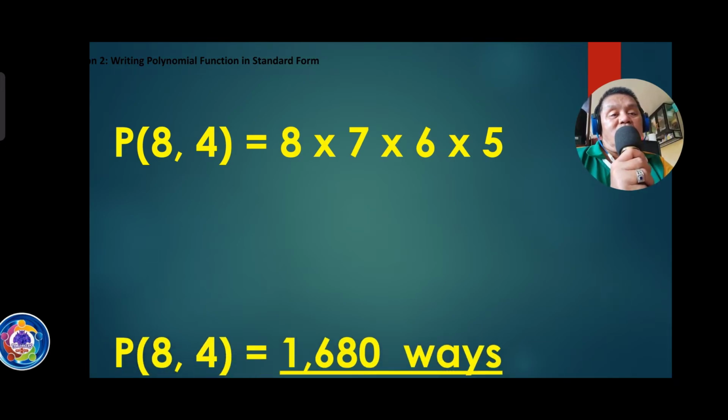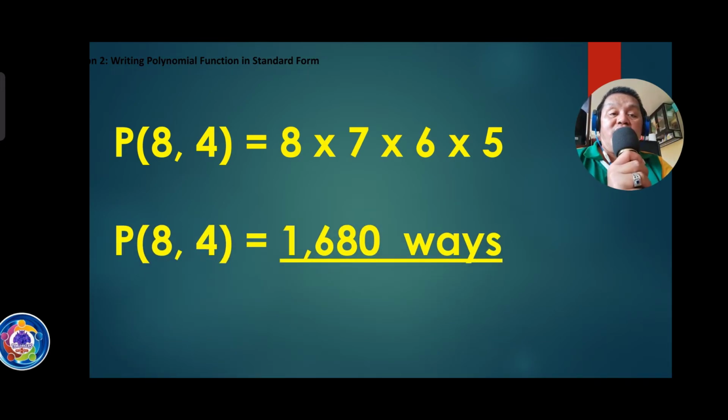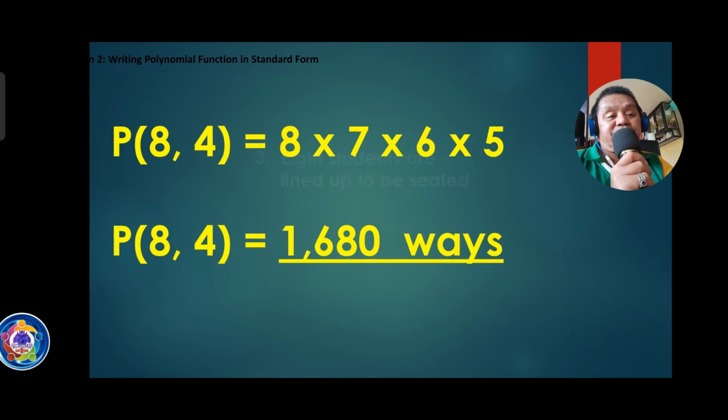In your calculator, the permutation of 8 students taken 4 chairs at a time is equal to 1,680 ways. So there are 1,680 ways if you are going to get the permutation of 8 students taken 4 at a time.